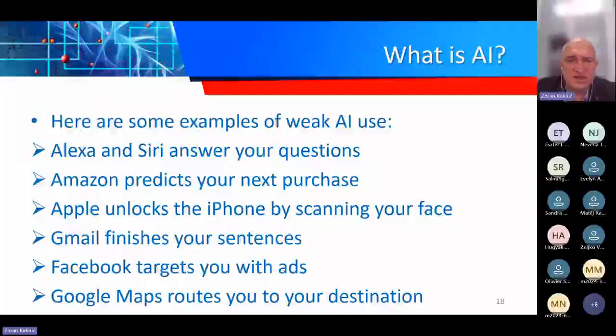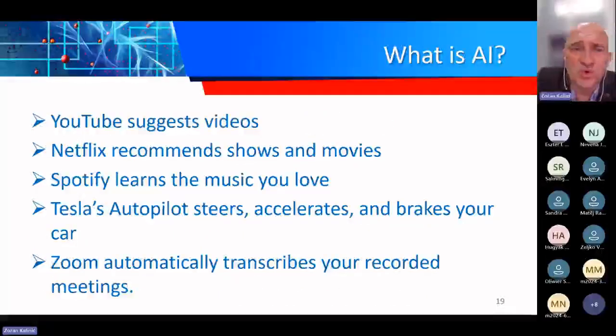Facebook, Instagram, or any other social network uses artificial intelligence tools to choose the best ads that they could present to you. Google Maps, and all these companies that provide you different sorts of content, like YouTube, like Netflix, like Spotify, all of them use complex solutions which are analyzing your history, your previous content that you have used or heard or watched.